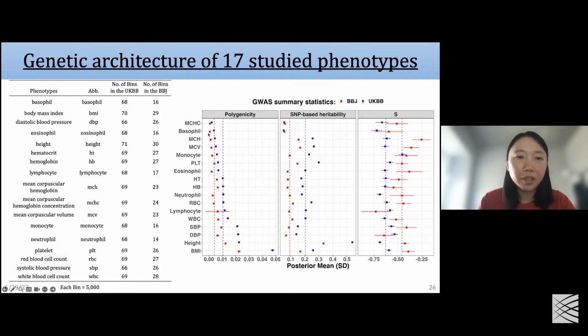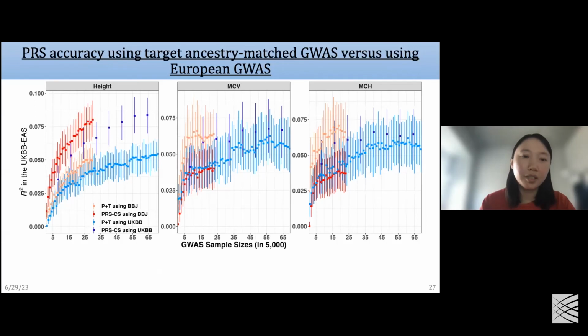So after knowing the genetic architecture, we then started to construct PRS. We first constructed PRS using single-ancestry GWAS. So we used ancestry-matched GWAS, which is BBJ, as we are testing in the UK Biobank East Asian samples. And another set of GWAS is European from UK Biobank.